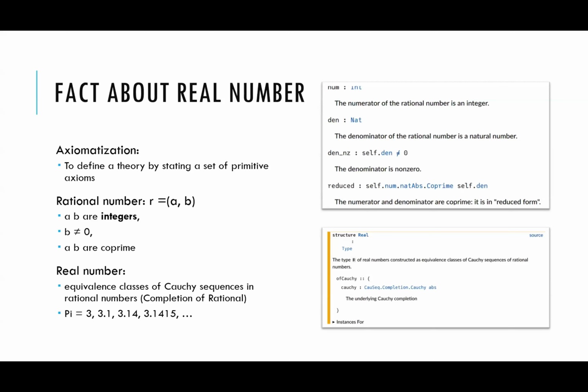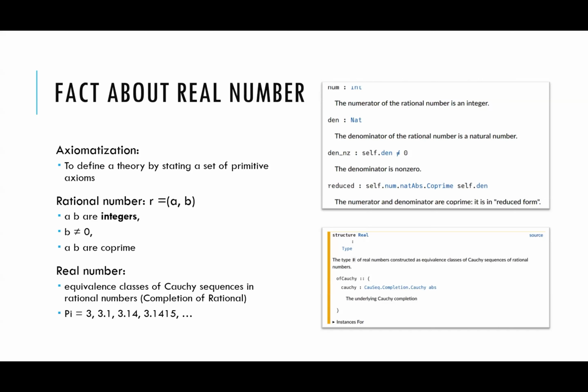When you want to formalize a theorem, a theorem is composed of variables and logic connectors, and the collection of all these variables and logic connectors is called a theory. A theory may contain many propositions, theorems, and lemmas, and finally maybe something you want to prove. This whole set is called a theory. So how can you formalize a theory?